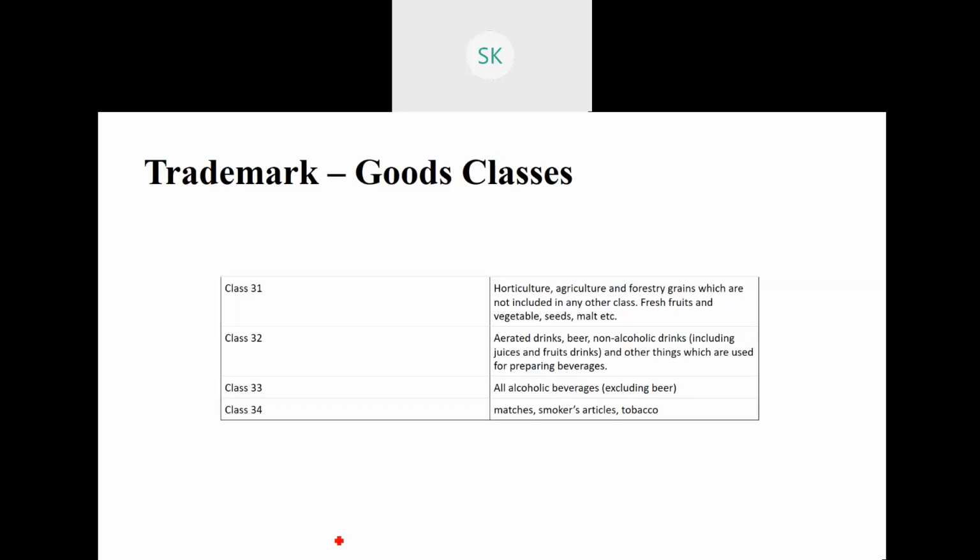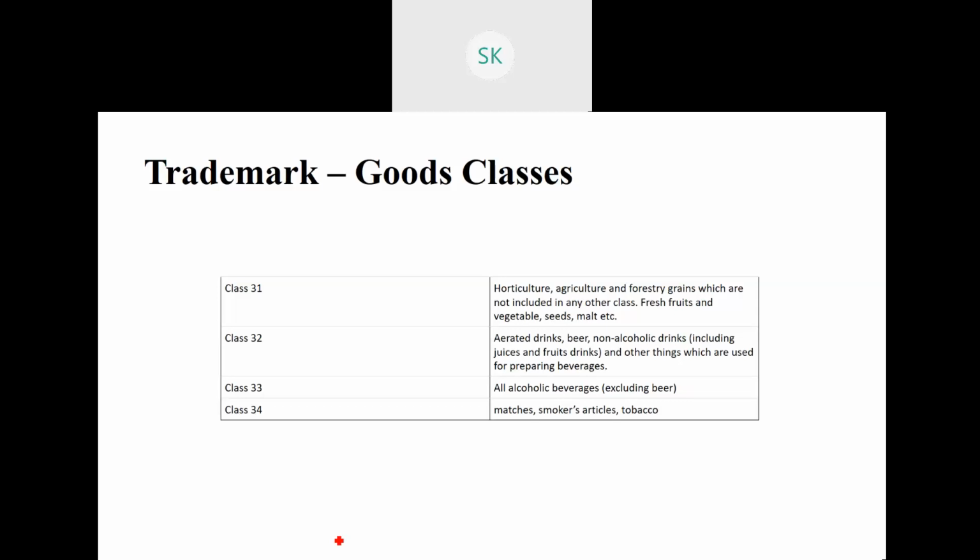Then coming to class 32, that is aerated drinks, beer, non-alcoholic drinks, and other things which are used for preparing beverages. Generally class 32 has products which are classified under beverages, which may be used as a base element for manufacturing other beverages.